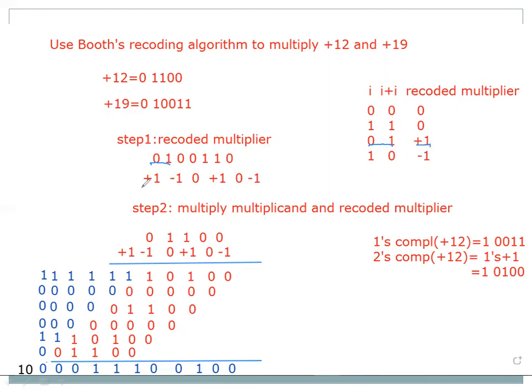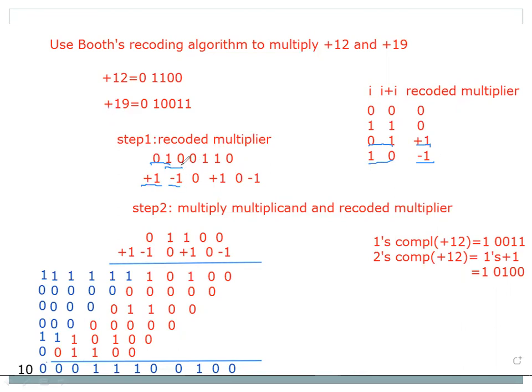So you write plus 1 in the MSB. Next you compare the next values, 1 and 0. While comparing 1 and 0, you get minus 1. Therefore, you write minus 1 in the recoded multiplier.